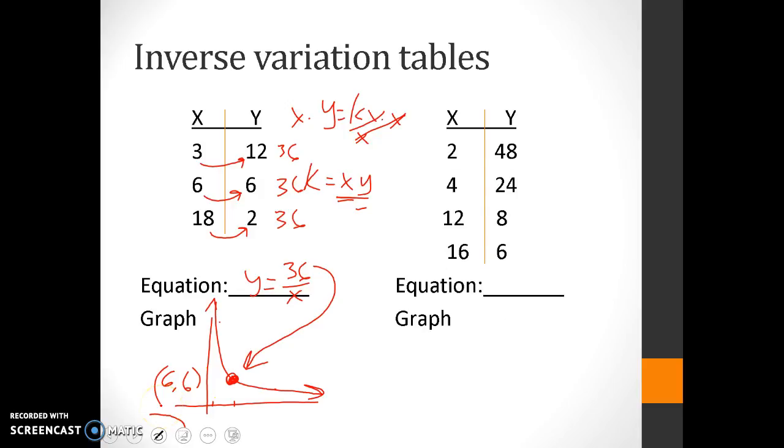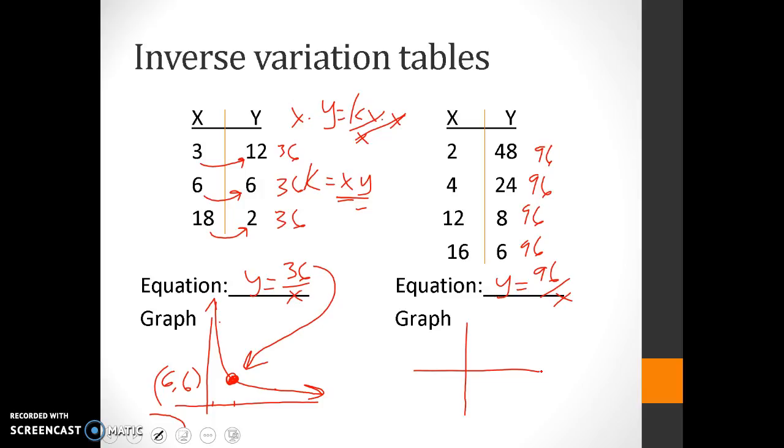Let's go ahead and take a look at a different situation. 2 gives me 48, 4 gives me 24, 12 gives me 8, 16 gives me 6. If I multiply these together, I get 96 here, 96 here, 96 on all of these, which means my equation is going to be y equals 96 divided by x. And I'm going to have 2 of these hyperbolas.